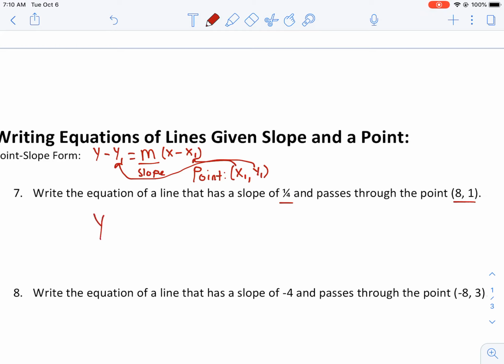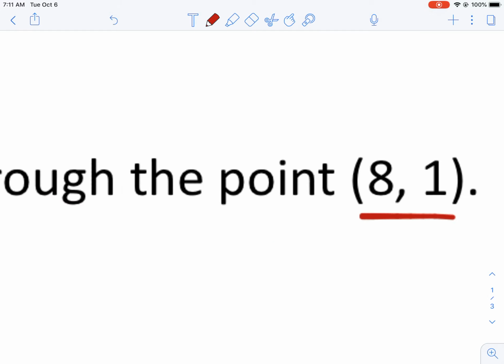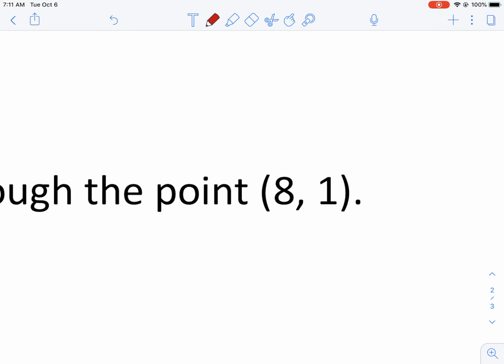So we're going to have y minus something equals, so our slope goes right after the equal sign where that m number is. So we're going to have 1/4 parentheses x minus something, okay? Now these two somethings, the x1 and the y1 spot, that's your point, okay?